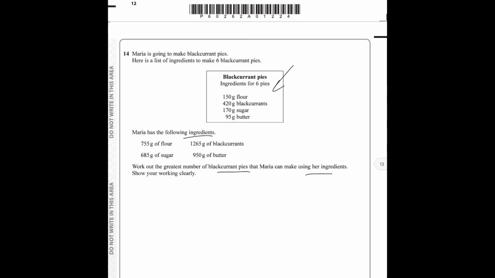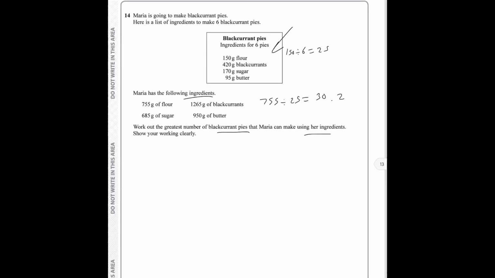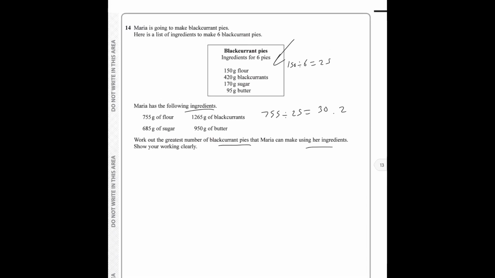Okay, so for 6 pies you need that much flour and you need that much of the other ingredients. So you're going to do 150 divided by 6, that's going to give you 25. Then you're going to do 755 divided by 25 to get 30.2.